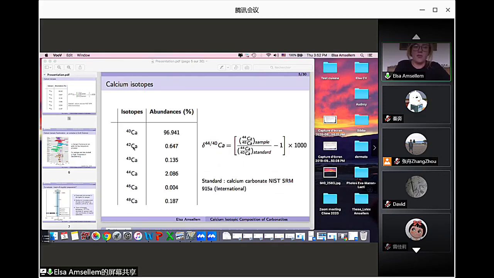I only measure 42, 43, 44, and I renormalize the measurements to have the 40, because in the literature they mostly show this notation. Because I don't measure the 40 calcium, there is no radiogenic calcium produced from potassium. And for people who do measure the 40 calcium, usually they always correct for the radiogenic input. So it's not really a problem.